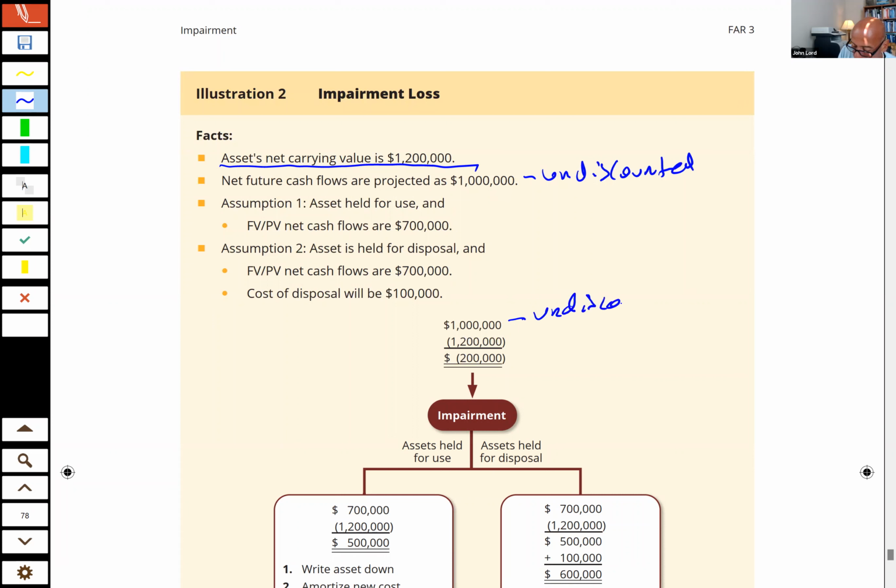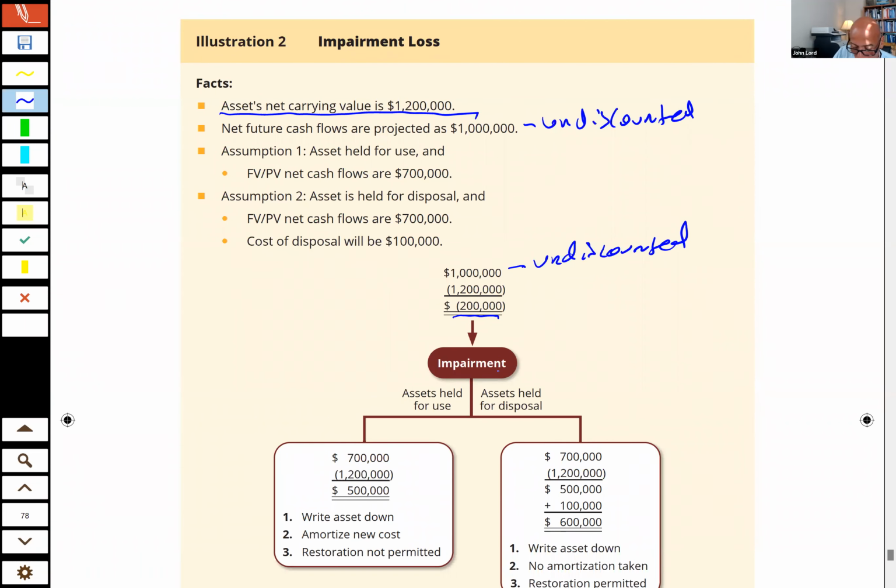Again, undiscounted here are 1 million. The carrying value of the asset is 1.2. Because that number is negative, we have impairment. Now what are we going to do? Now we're going to bring down the present value. We take those same cash flows, but now they are discounted cash flows.